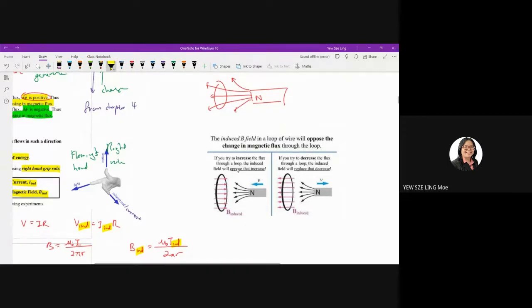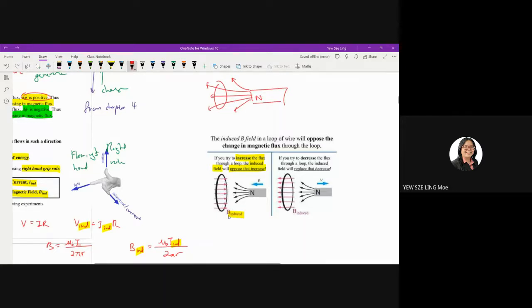So that means you are trying to increase the flux through the loop. Therefore, induced magnetic field will be generated to oppose the increase. Therefore, it's in the opposite direction, because now you are trying to add more lines to the coil.